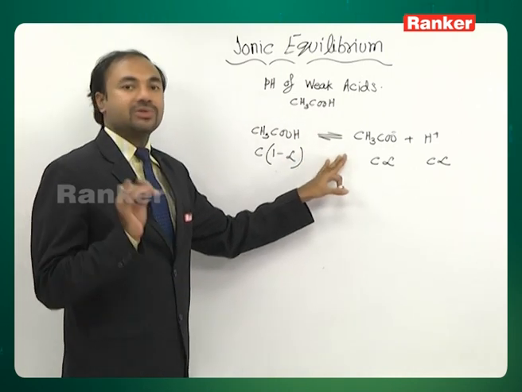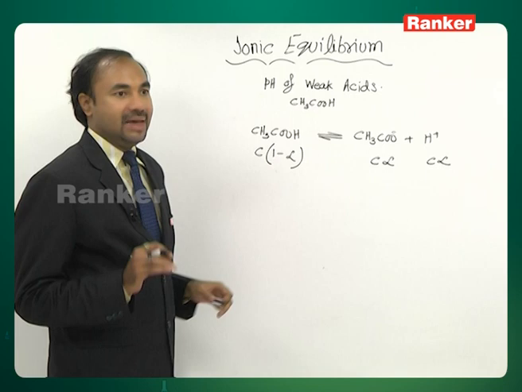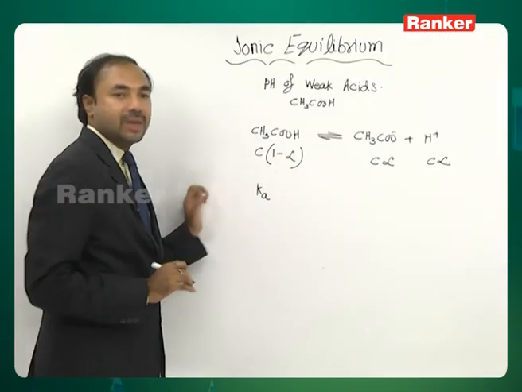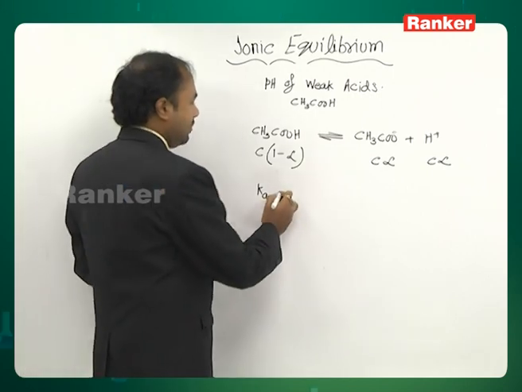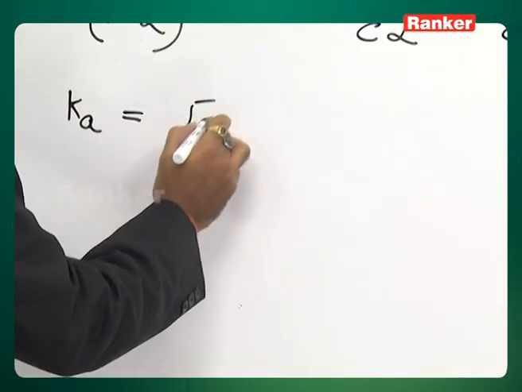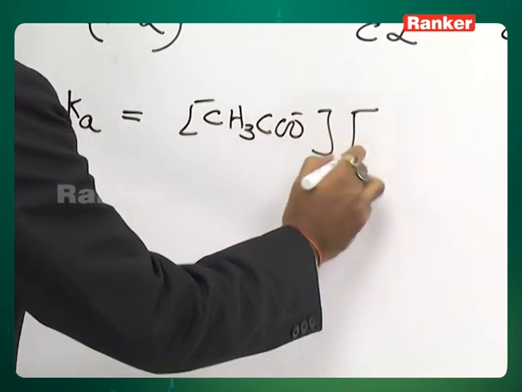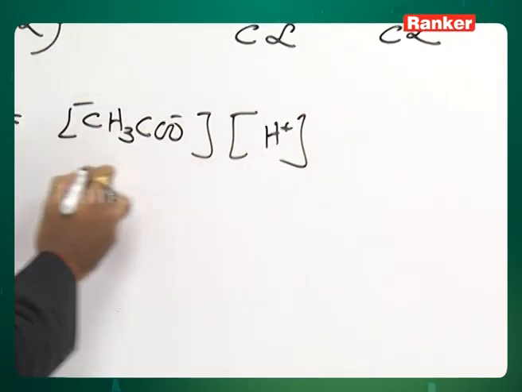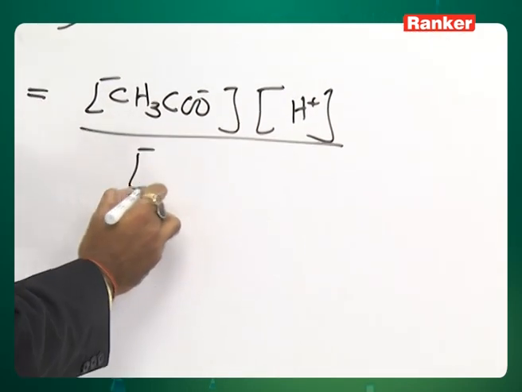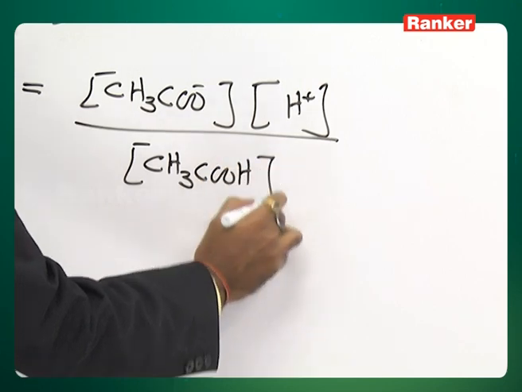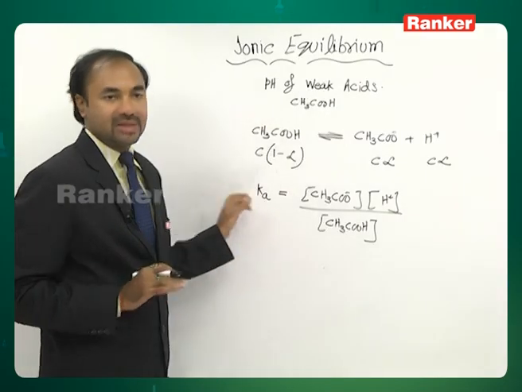Equilibrium constant for dissociation of acids is known as Ka. And Ka for this will be equal to concentration of acetate ion into concentration of H plus ion upon concentration of acetic acid, the undissociated one, which has not dissociated at the time of equilibrium establishment.